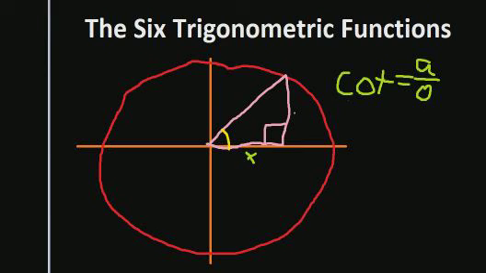Next one is called cosecant. Cosecant is abbreviated as CSC, just like that. That is basically your hypotenuse over opposite, which is the opposite of sine, which is SOH, opposite over hypotenuse. So H would be here, and then O would be here.